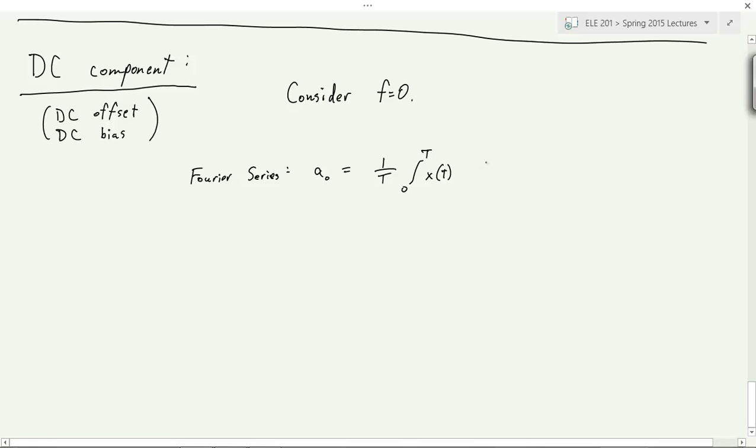Okay, but k is 0. So that whole thing is just 1. So for the 0th term, this is the calculation. That's the 0th term of the Fourier series. All right, and that's very intuitive to us. It's the integral over 1 period. It's the average over 1 period. Because it's periodic, that's the average over the whole signal. Okay, so this is the average.